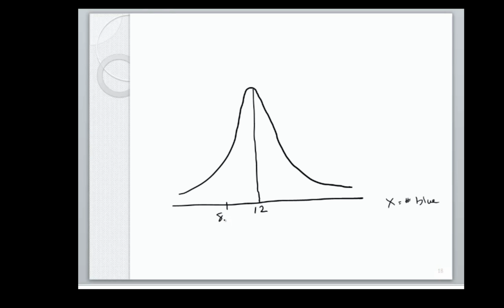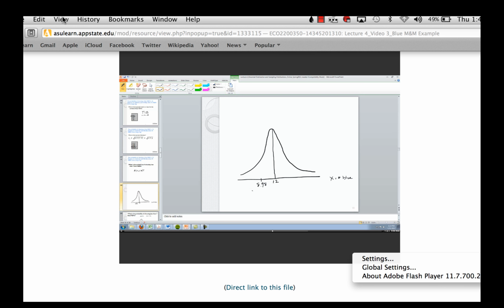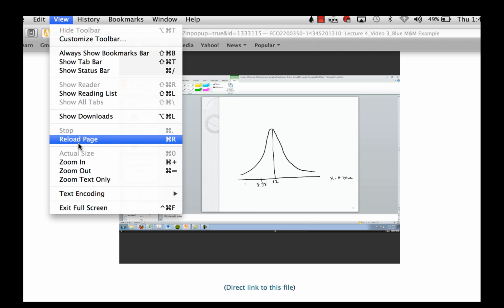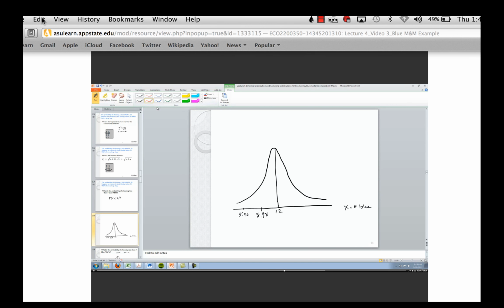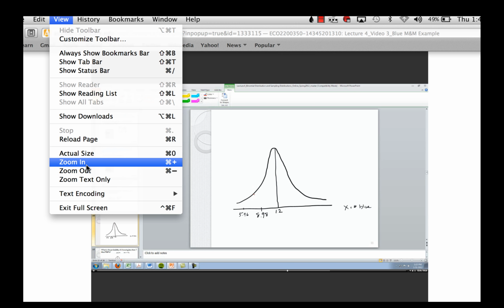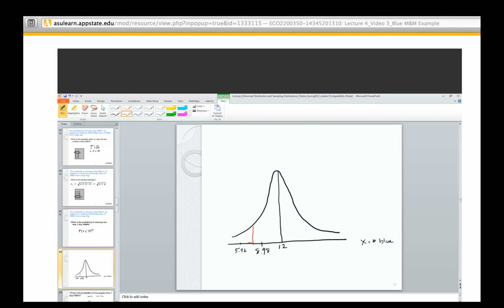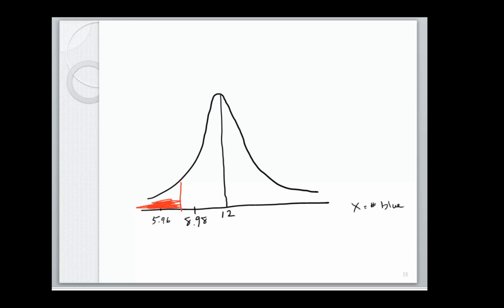One standard deviation below the mean is 8.98. Two standard deviations below the mean, 5.96. The area we're interested in is the area less than 7, which is this area in red.